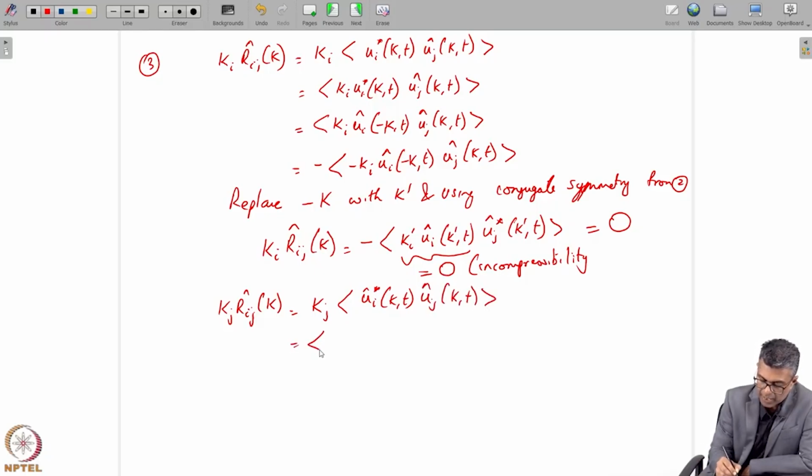Taking the kappa j inside, I will have kappa j ui star of kappa comma t uj hat of kappa comma t, close covariance.